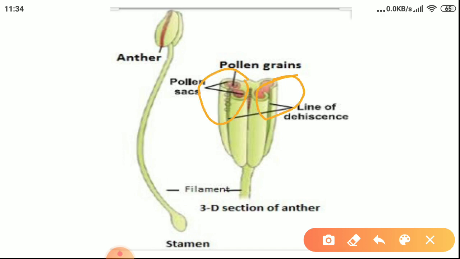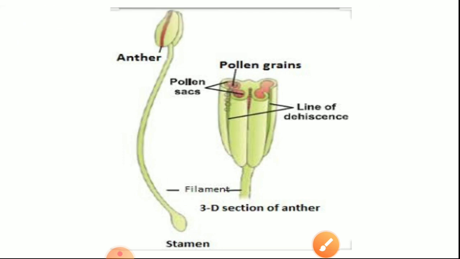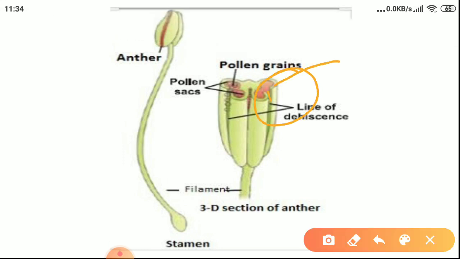In each lobe you can see clearly that there are two compartments. Each compartment is called theca. Therefore, it is called the dithecous condition. Di means two, theca means compartment. So two lobes having four compartments.